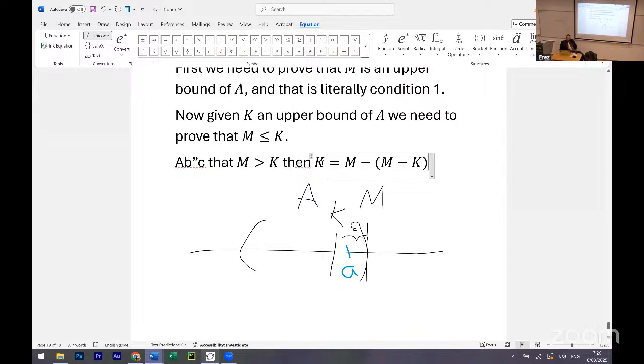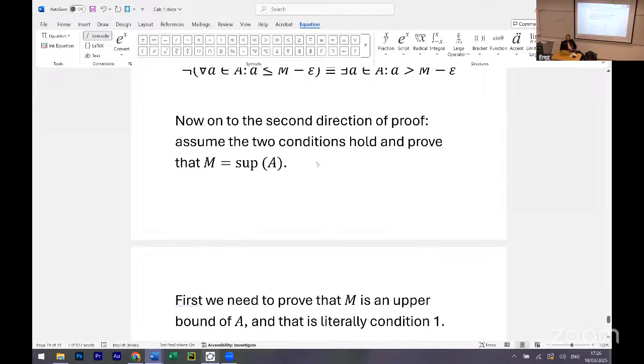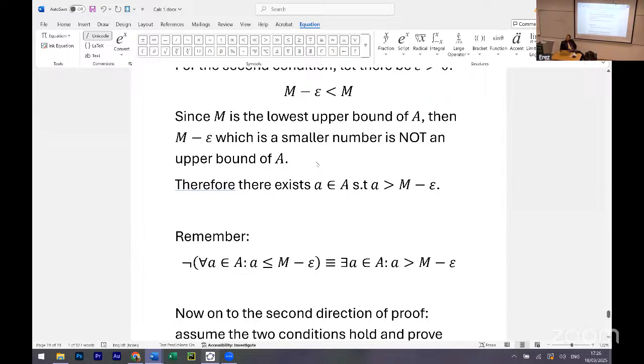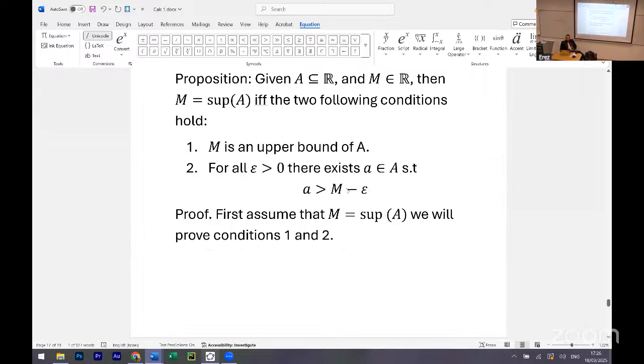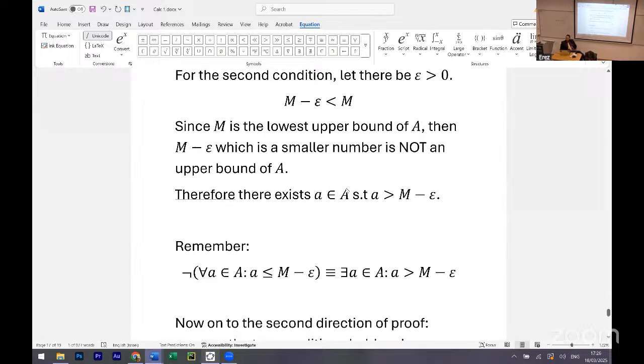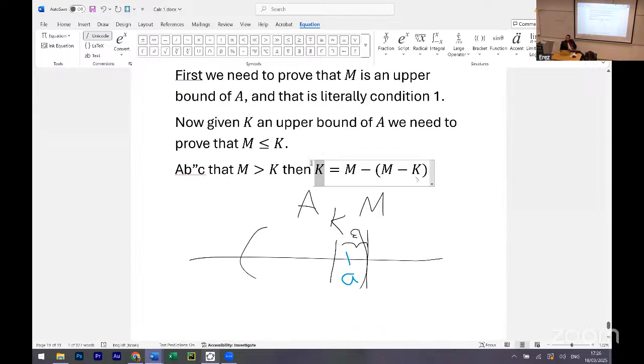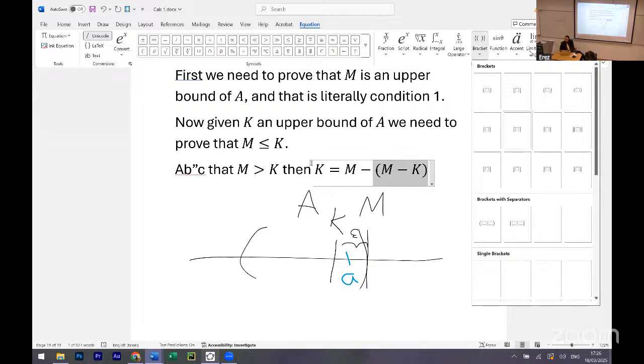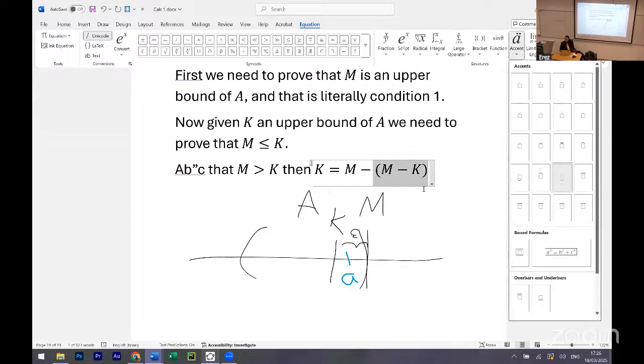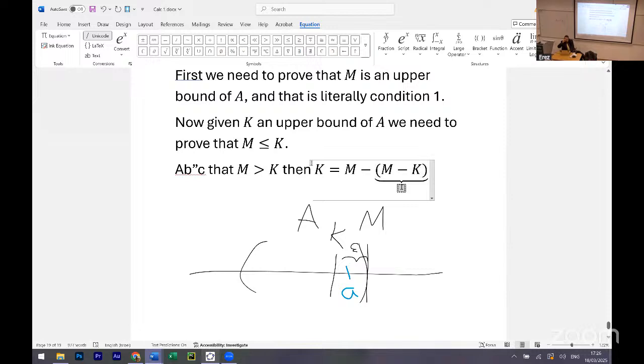I'm trying to describe K in accordance to condition 2, the A larger than M minus epsilon. M is obviously M minus K, and M minus K is a positive epsilon. This is a positive number because we assumed by contradiction that M is larger than K. So that is some epsilon, which is positive.